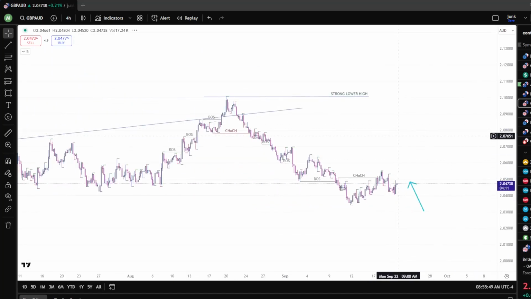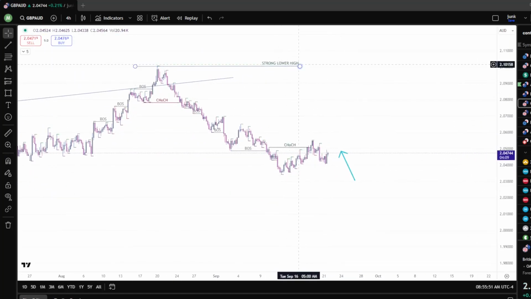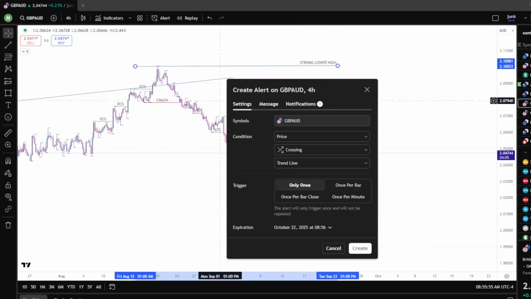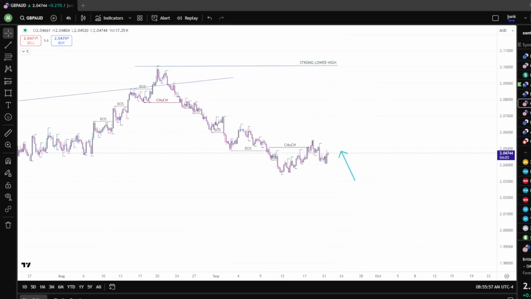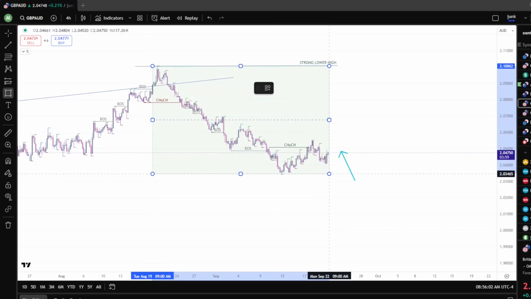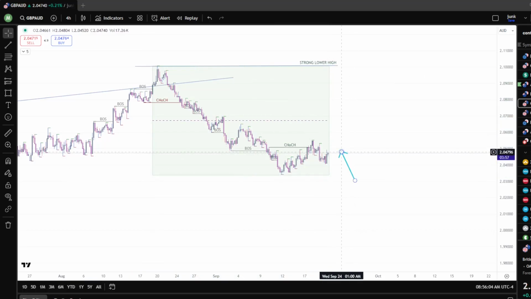GBP AUD, let's go and map out the current range, with this still being the strong lower high of this overall structure. And of course, you're watching these lower highs being formed, lower lows, lower highs being formed as prices started to react from this area.